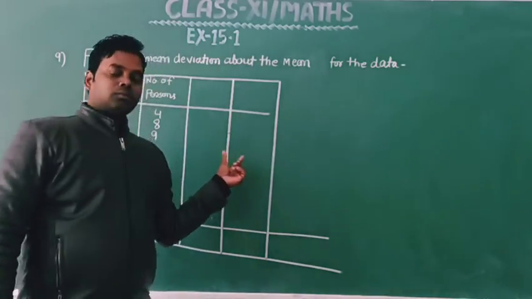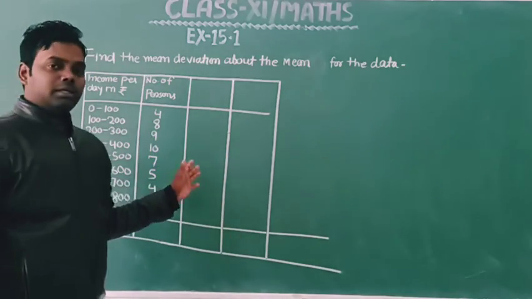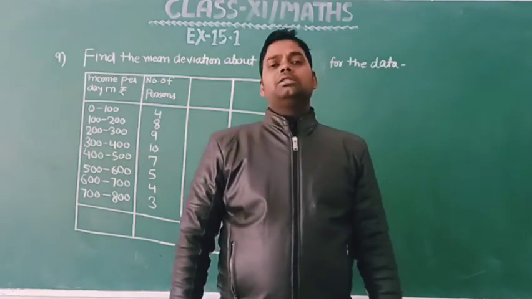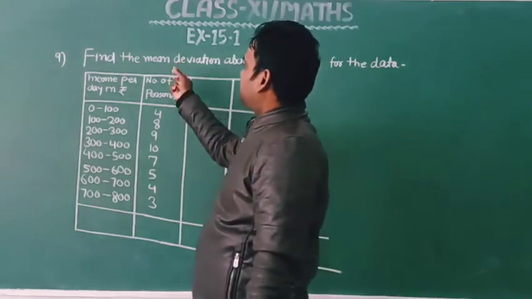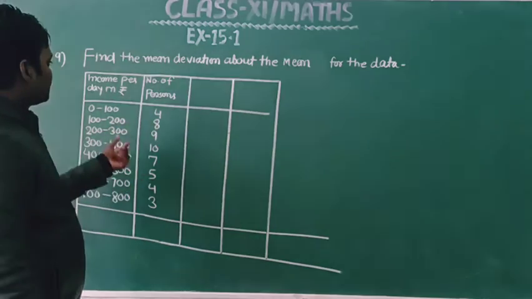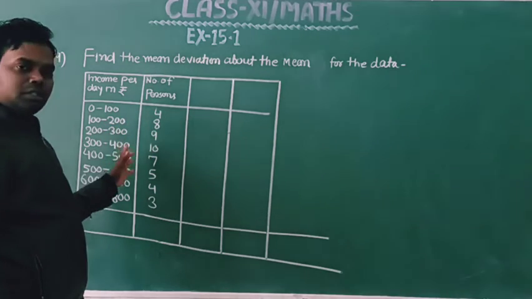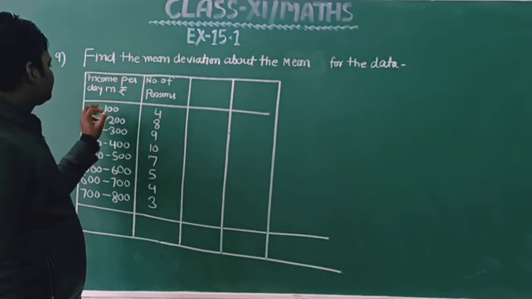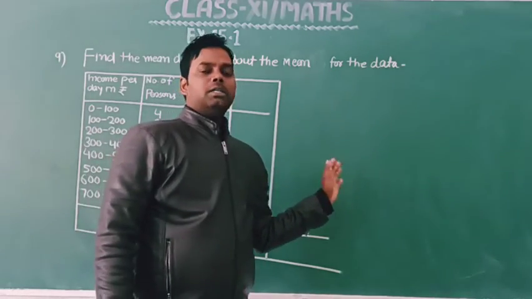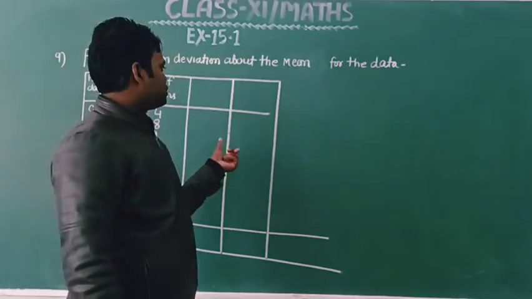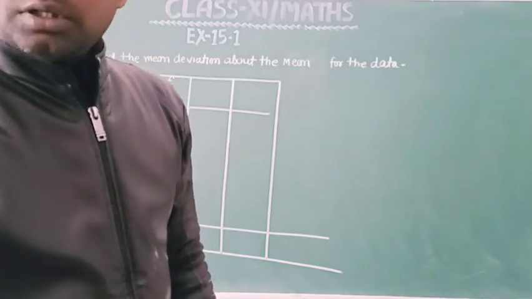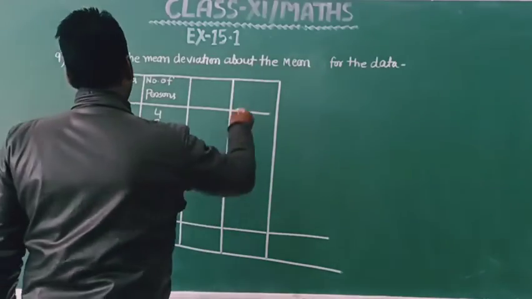The step deviation method is used when each value of fi and xi is large. In this question, the values of each xi and fi are large, so we need to find the mean using the step deviation method. Let us see how it is used to find the mean.